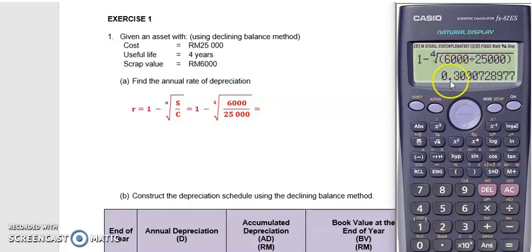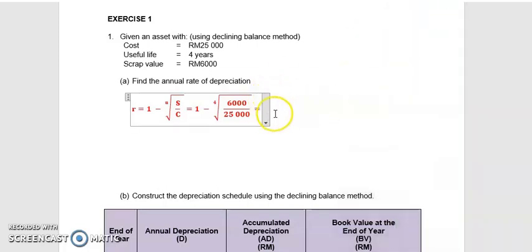Then equal, and you still get 0.3. So the rate of depreciation here is 0.3. If you want to express it as a percentage, you multiply by 100, so it will be 30%. This means that every year it depreciates by 30%.